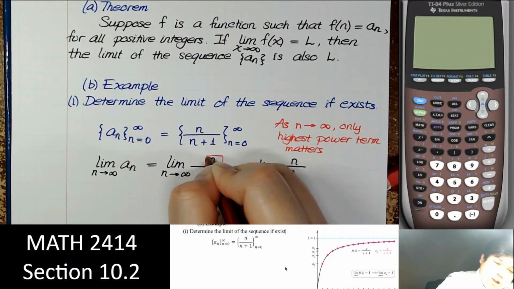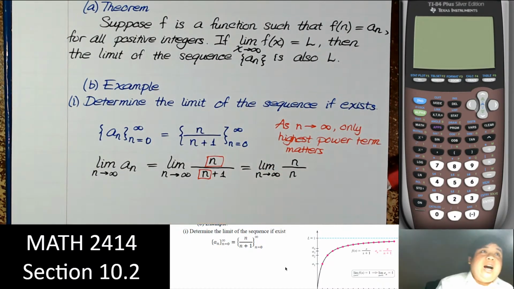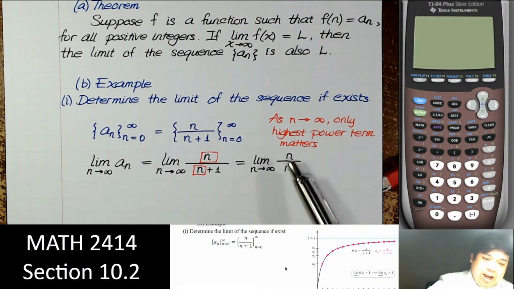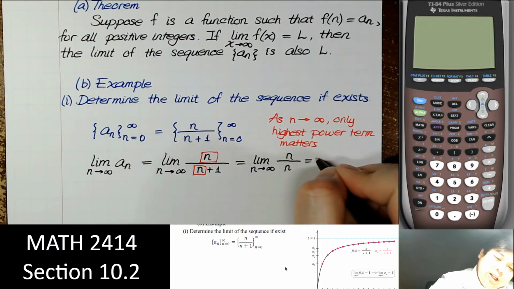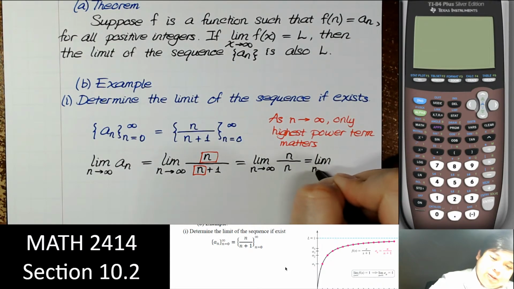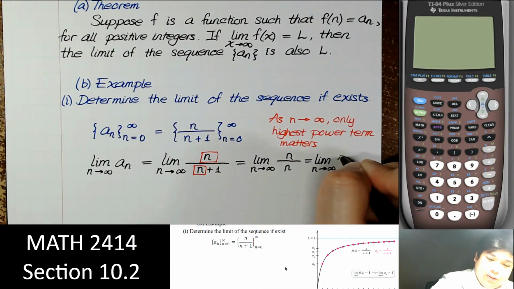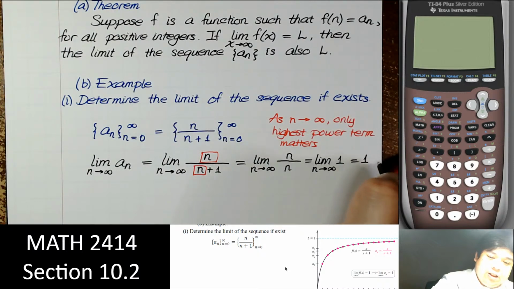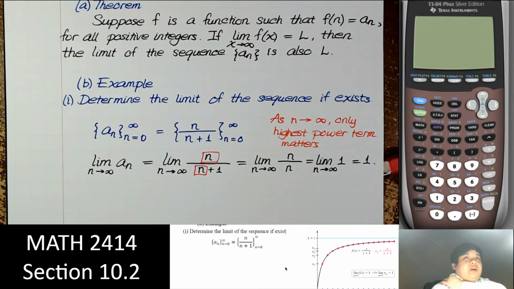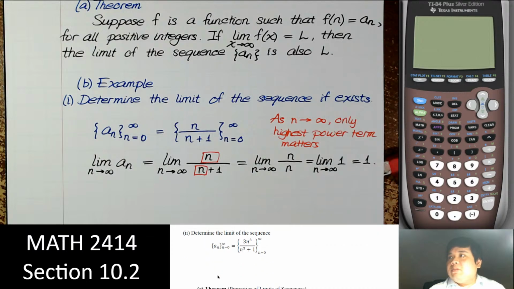That's why we take the highest power on the top and the highest power term at the bottom, n over n, which is 1, and the limit of 1 is 1. So simple enough, right? Take the highest power on the top, divide by the highest power at the bottom.